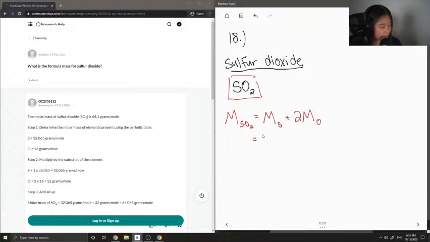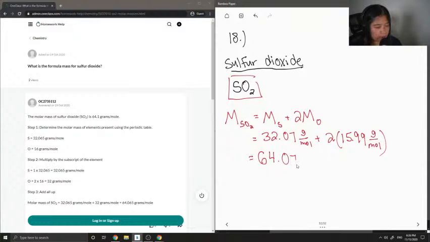For sulfur, it is 32.07 grams per mole. And for oxygen, it is 15.99 grams per mole. Adding these values up gives us a total molar mass of 64.07 grams per mole for sulfur dioxide.